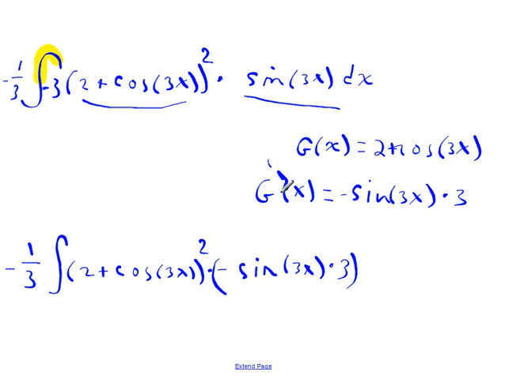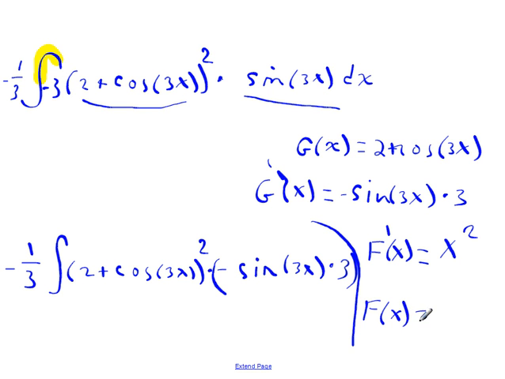And let's see, our f of x, or rather f prime of x, is something squared, so it's x squared, and so the antiderivative of that would be 1/3 x cubed.